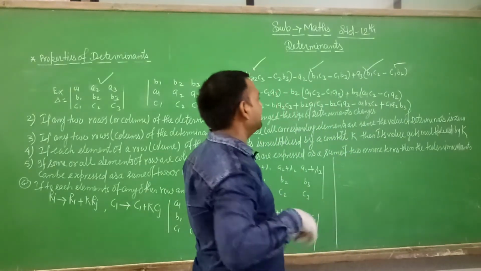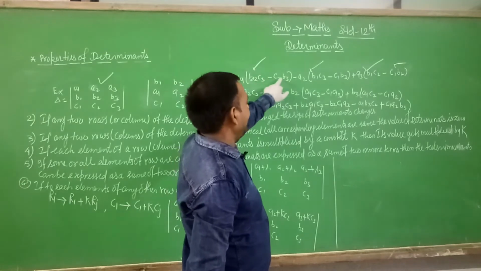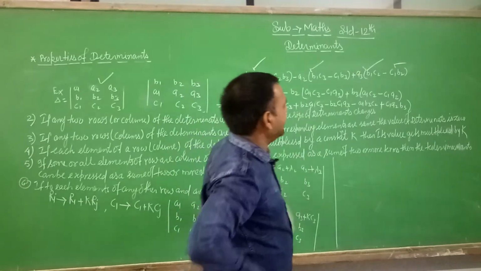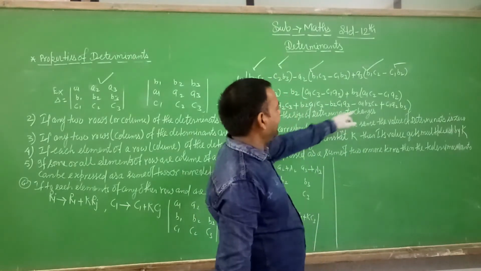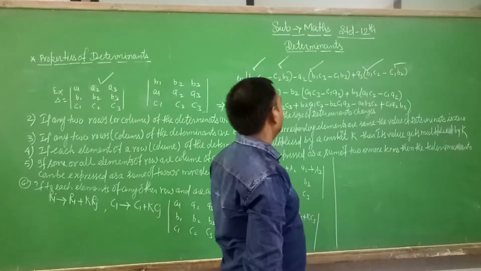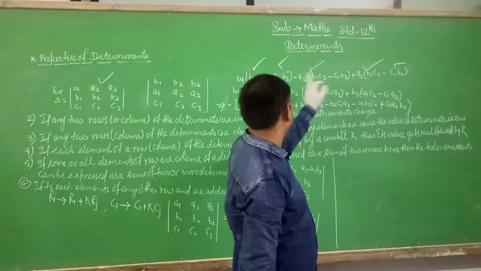After that A1 B3 C2 is negative. And here is another, C1 A2 B3, which is positive.